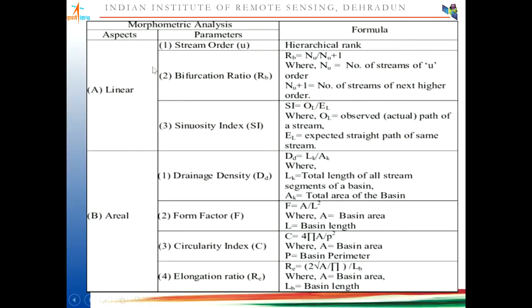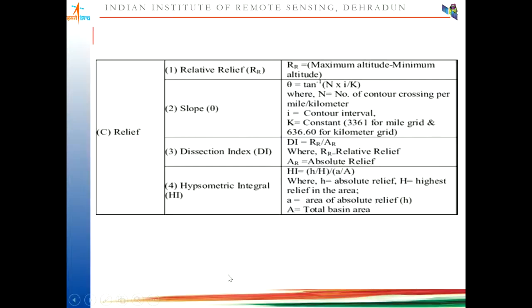Morphometric parameters of the terrain of a watershed: we want to analyze the stream orders, streams, drainage density, form factor of the watershed, circularity index, elongation ratio, and slope of the watershed or sub watershed. Relative relief means maximum elevation to the minimum elevation of the watershed. If the difference is very high, then the relative relief ratio is high.